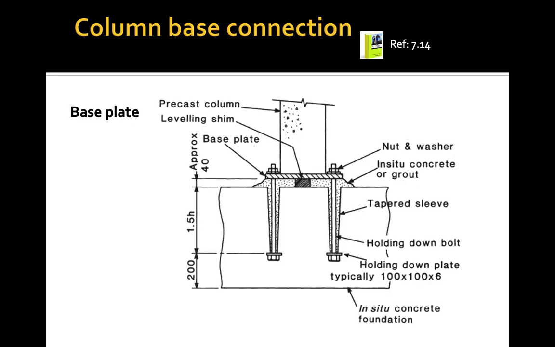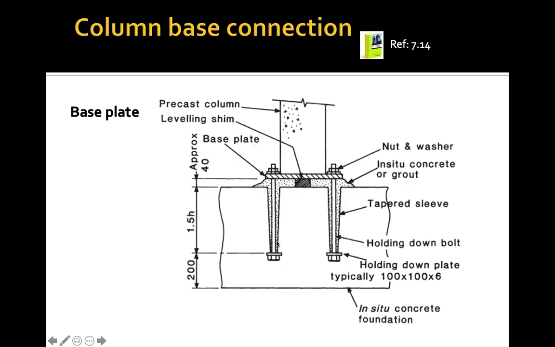Next one is when we have the base plate. We have the precast column, the leveling shim, and this base plate. We are going to bolt the column and the foundation.